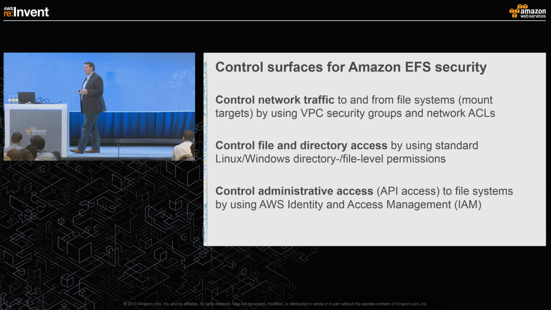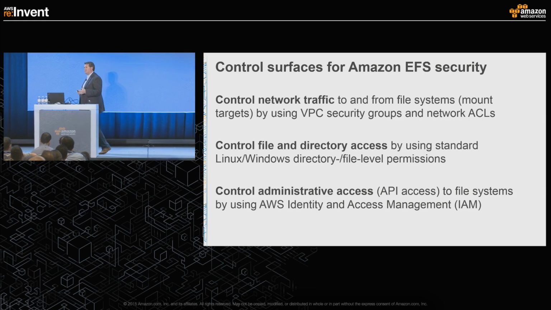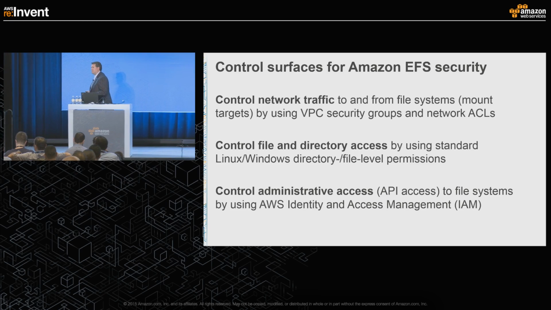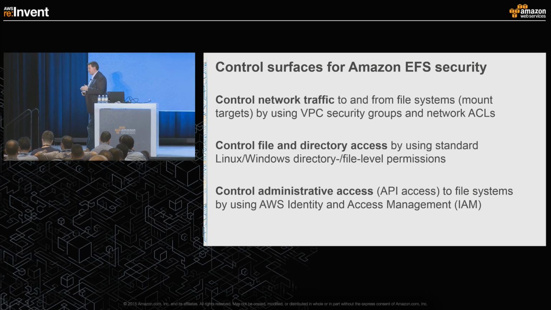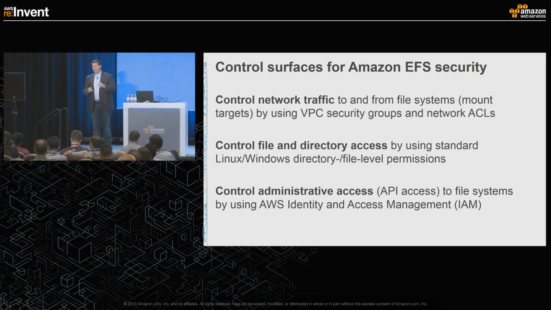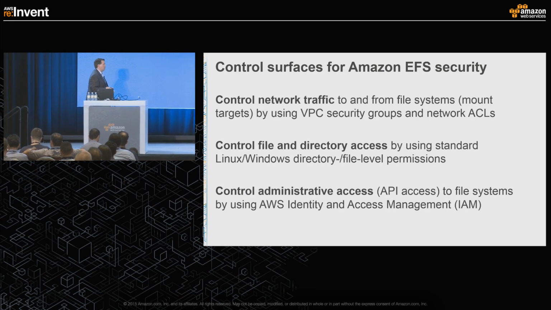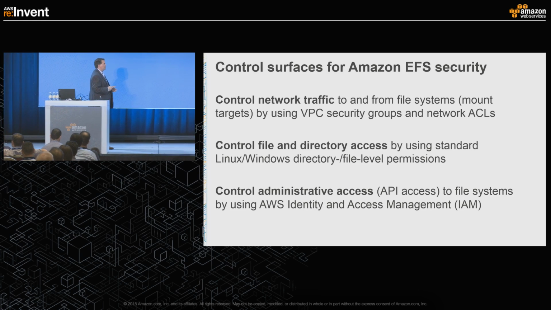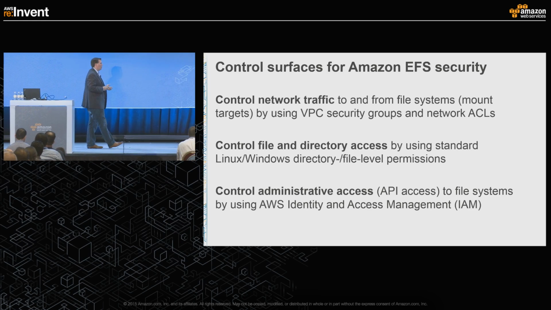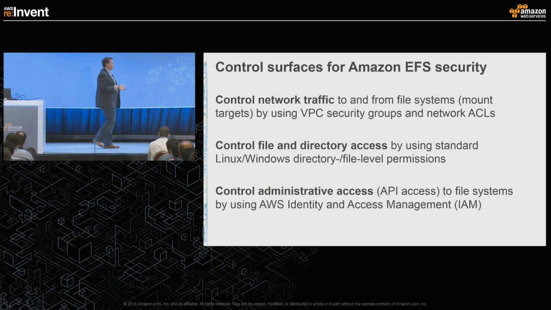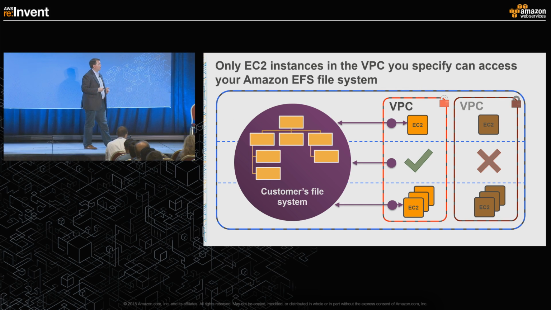And then the administrative functions around creating a file system, deleting a file system, tagging a file system, we separate those functions out from between the administrative function and the user space function. And those admin functions are entirely controlled through identity and access management. And for those, we support both the resource-based functions as well as the user space functions.